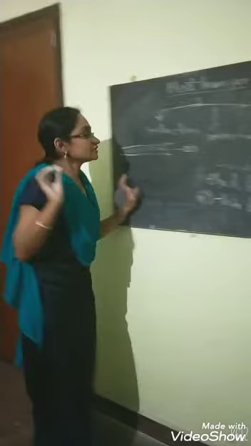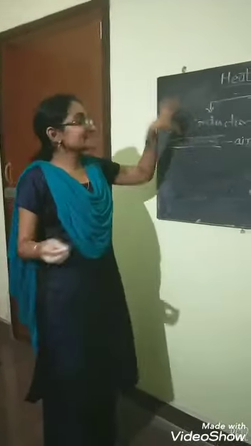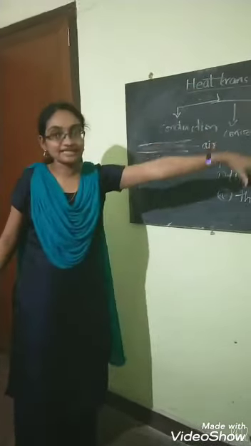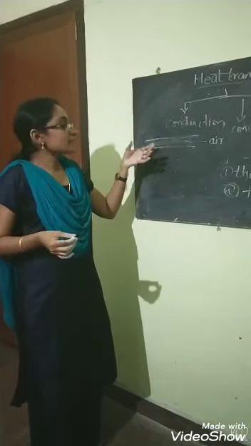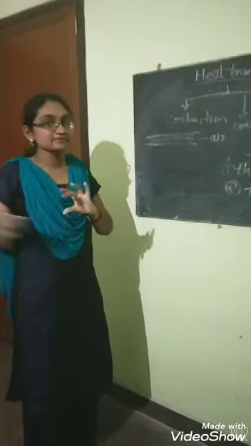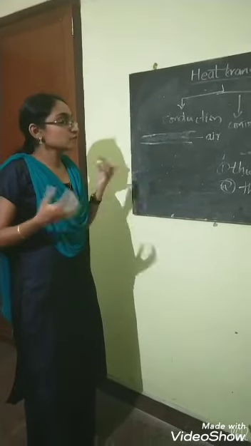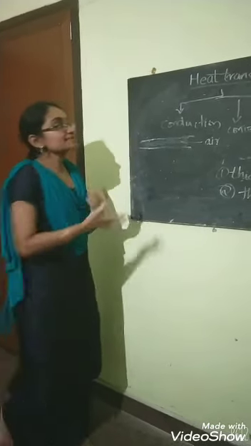You need to study what conduction, convection and radiation are, and some examples have to be remembered. Moreover, the sea breeze and land breeze are very important, so study them well. And that is all about this chapter.